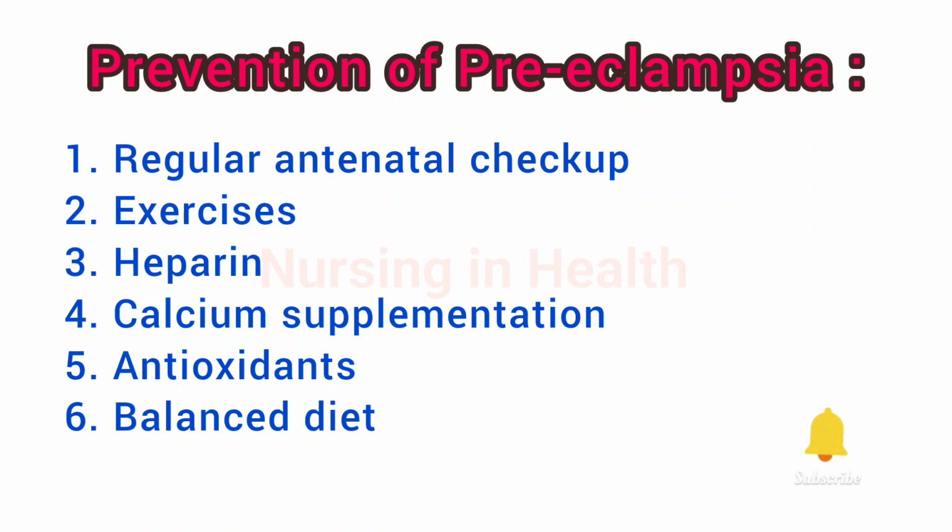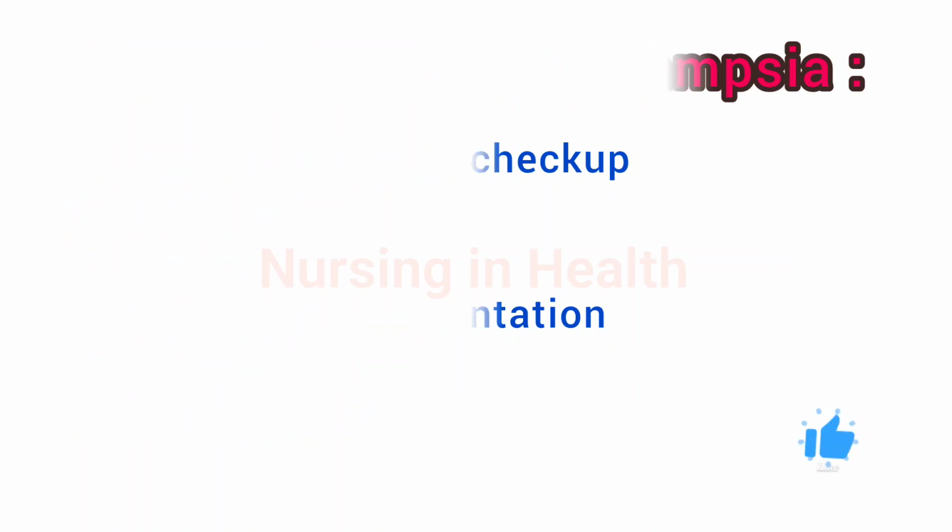Take calcium supplementation and calcium rich food. Take antioxidants, which include vitamin C, E and other nutritional supplementation. Also take magnesium, zinc rich food and take a low salt diet. Maintain a balanced diet rich in protein, etc.